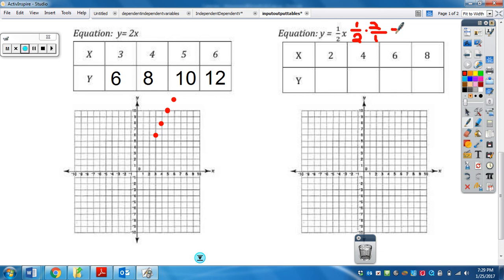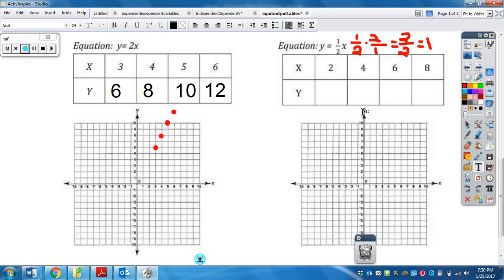So when I multiply those values together, what's going to happen is 1 times 2 is 2. And then 2 times 1 is also 2. Now, 2 over 2 is the same thing as 2 divided by 2, which we know is equal to 1 whole. So in my table of values down here under my 2, I know that y is equal to 1 whole.